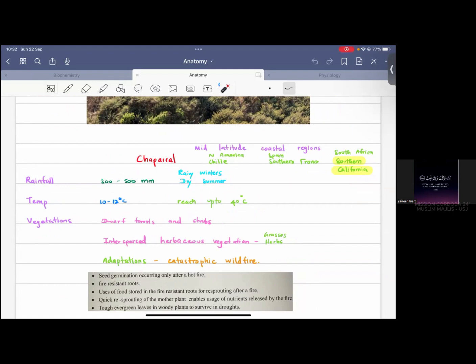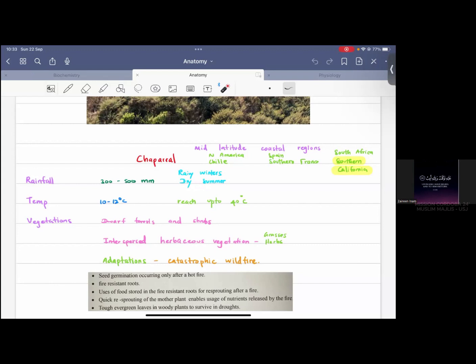The rainfall is 300 to 500 millimeter. So, the exact same rainfall we had in another biome. Can anyone say what is the biome? Savanna. Exactly. So in savanna, we had 300 to 500 millimeter of rainfall. And this is how you should study: just compare and study. Otherwise, you won't be able to remember all these numbers.